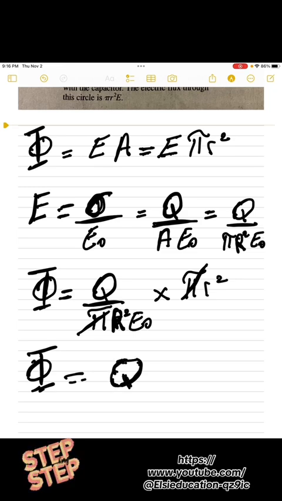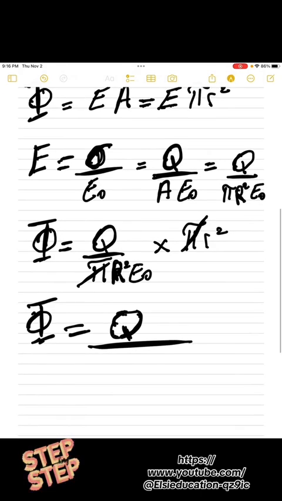charge divided by R² of the plates divided by the constant, multiplied by the square of the radius of the area that we're supposed to measure.